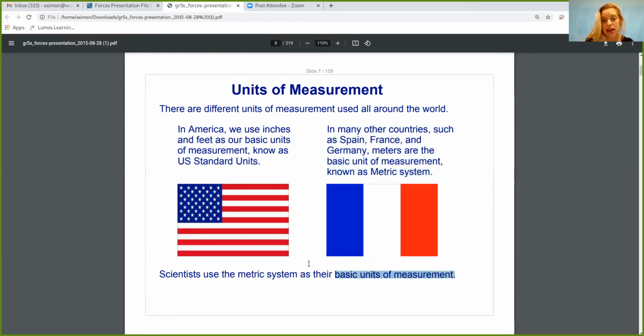So go ahead and put that down. Scientists use the metric system as their basic unit of measurement. So all calculations of measurements and distance in science are done using the metric system. Which again, I don't know why the US doesn't use the metric system. We just have to be different.